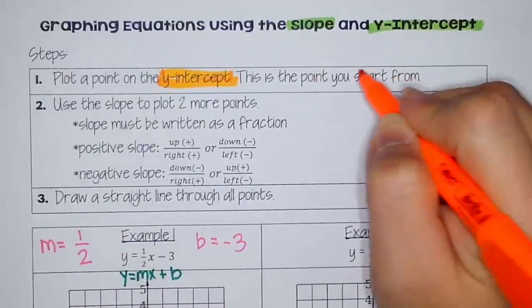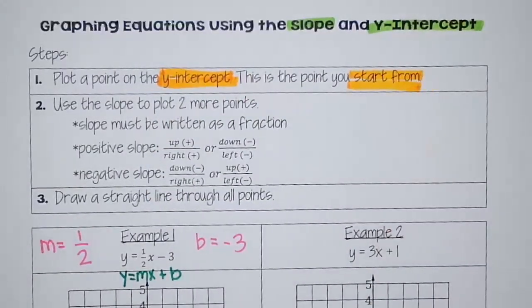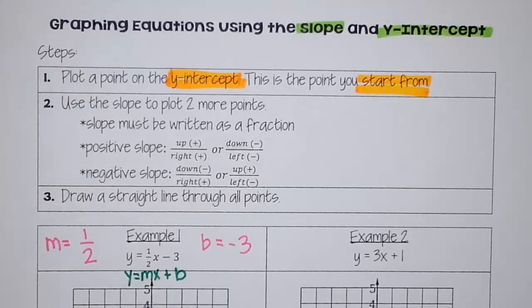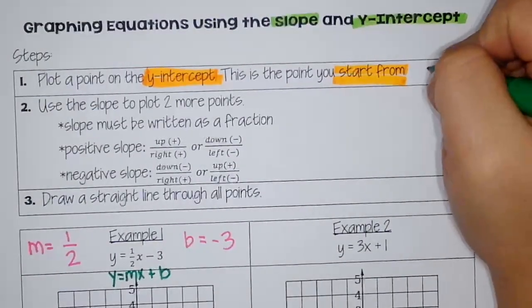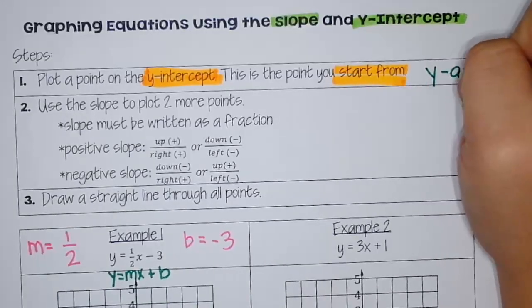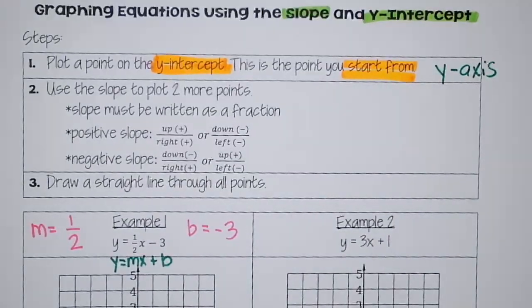Your y-intercept is always going to be your starting point because it's going to just be one dot on the y-axis. Y-intercept means it's going to cross which axis? The y-axis. Now, if I give you a graph, I have to give you the y-axis, which is why it's always good to start at that dot.